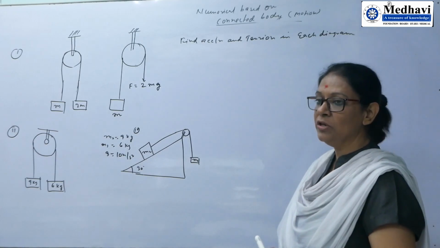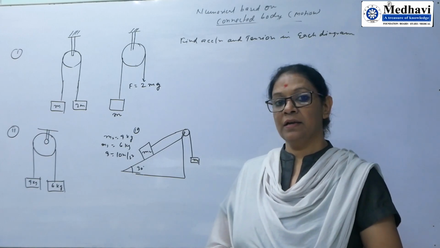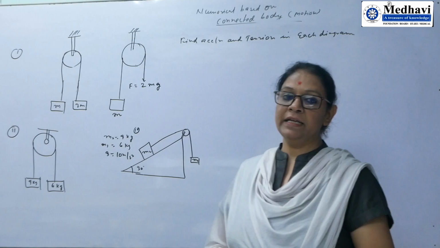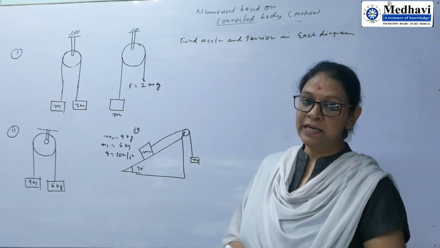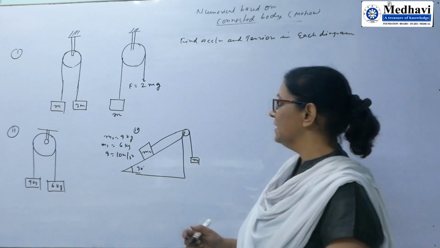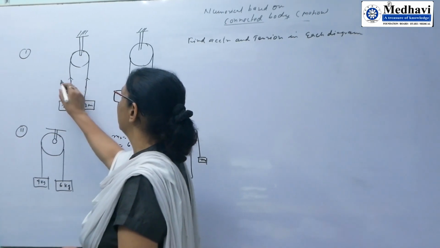So when we are going to solve questions based on pulley, one thing we have to remember is that in the case of a string we use tension, and tension is always along the upward direction.